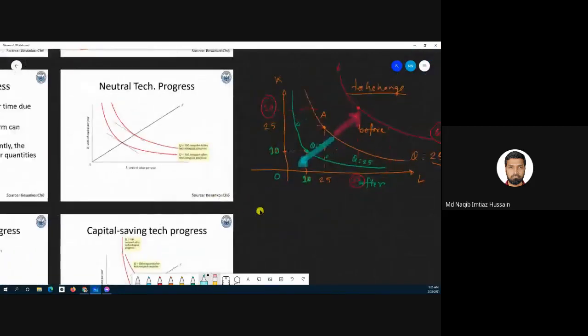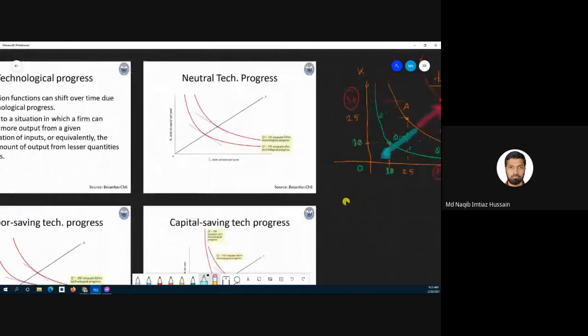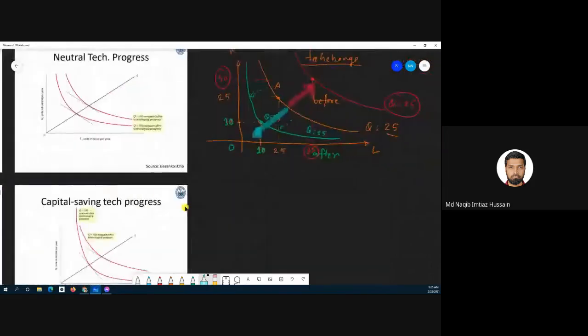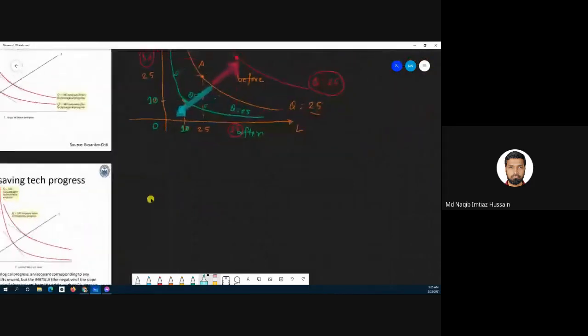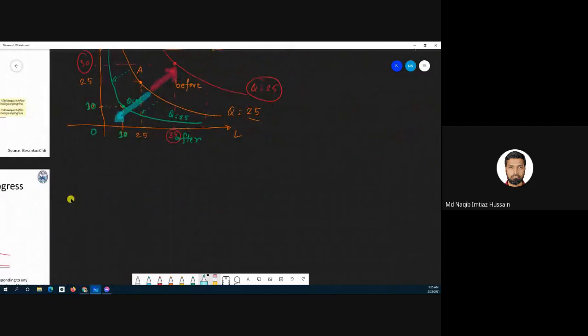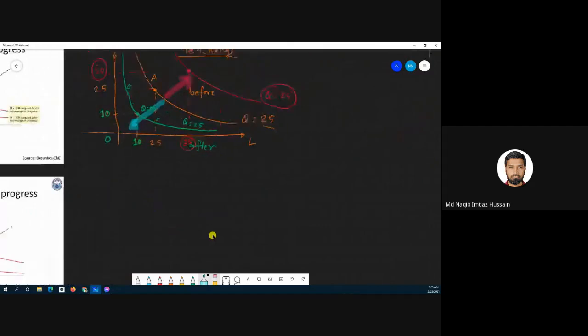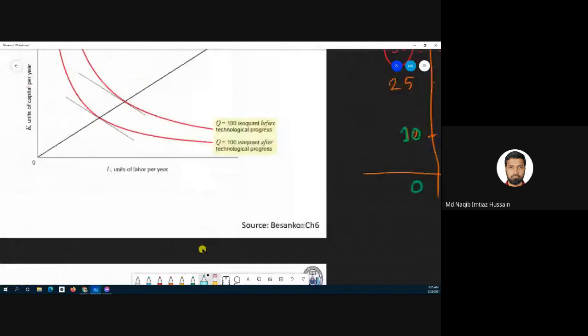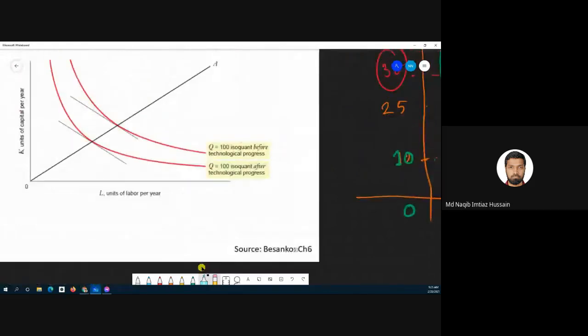All right, now another important interesting understanding. Let's say you draw two isoquant lines. Let's use this figure. Two isoquant lines, right? This one was before the technological change happened.